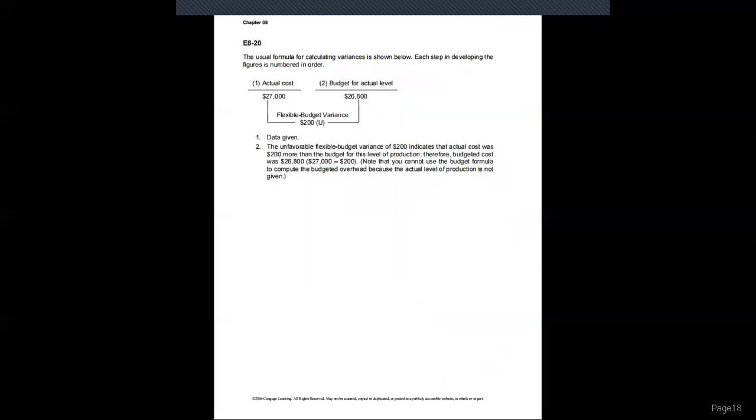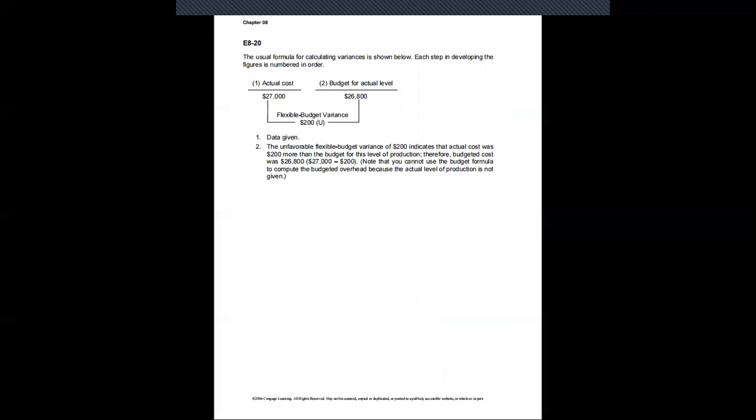Okay, so we have now the requirements for E819, and we have E820, calculating the amount of factory overhead applied to work in process.